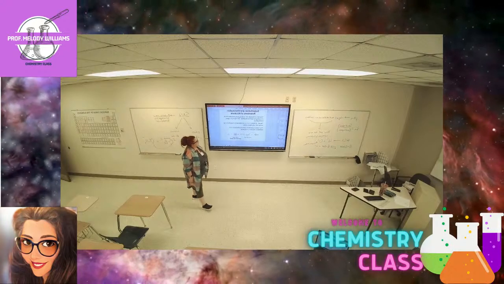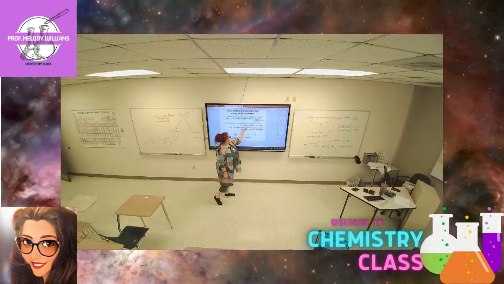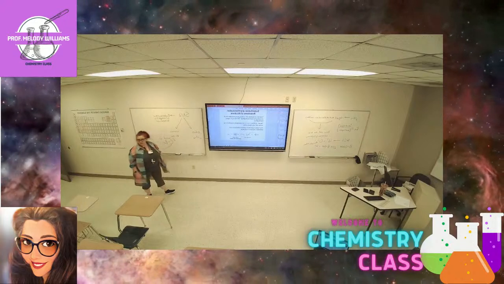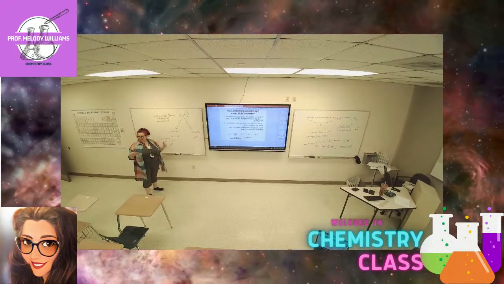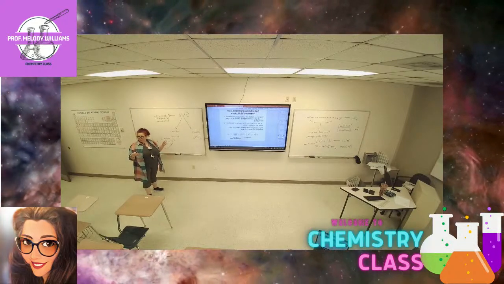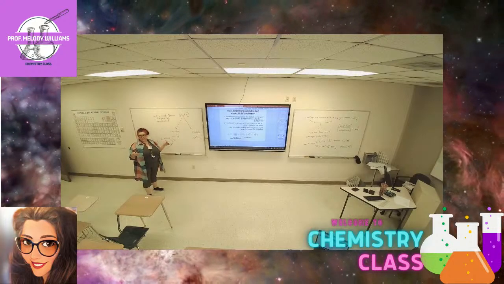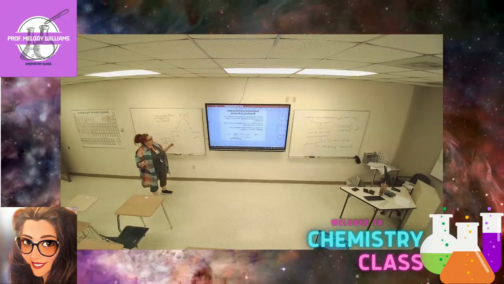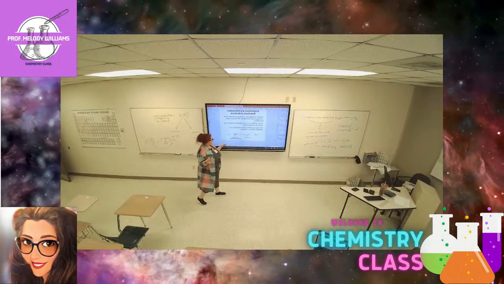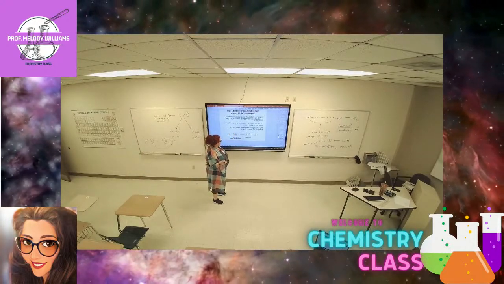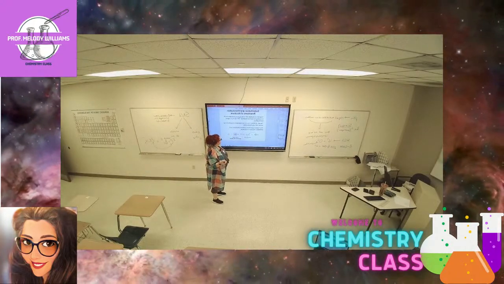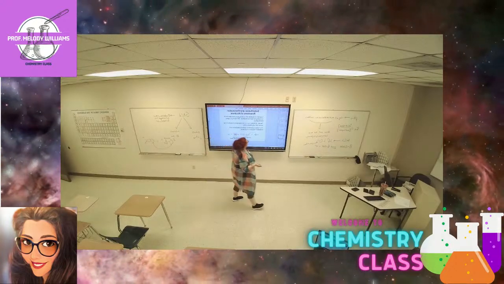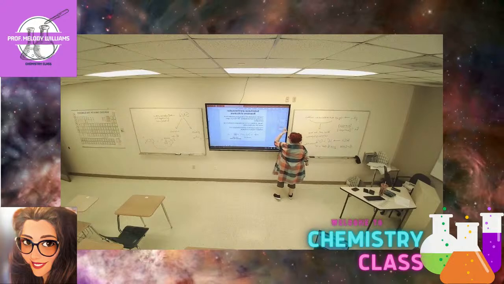So, something has a pKa of -2. What does that tell you about the strength of its acid? Strong, very strong. Right, so this is a good leaving group because it'll be happy to leave with electrons in that particular group.